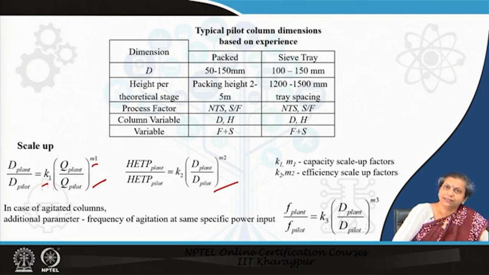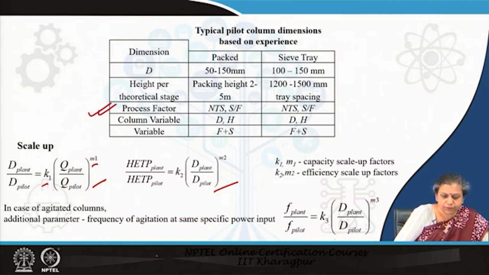This has an additional advantage that it gives us one more parameter that we can vary in order to optimize the operation. In this particular table, just for the packed and sieve, because we are going to deal with these two, I have put down the typical dimensions of a pilot plant. These dimensions have been decided based on experience gathered in different industries which use extractors for different purposes.